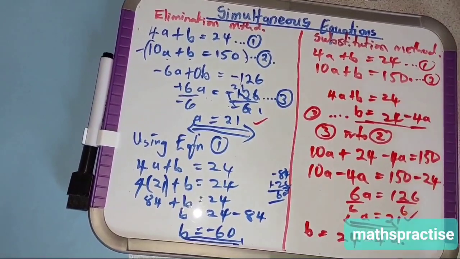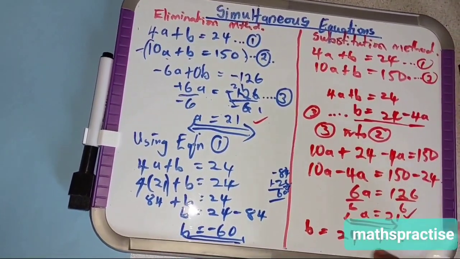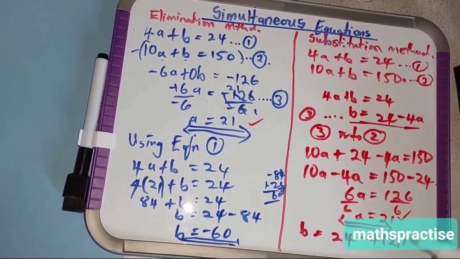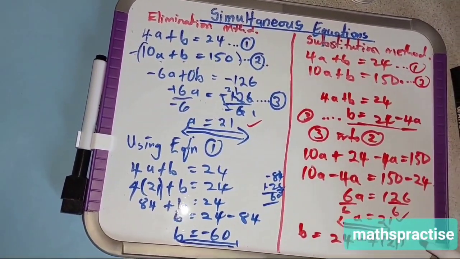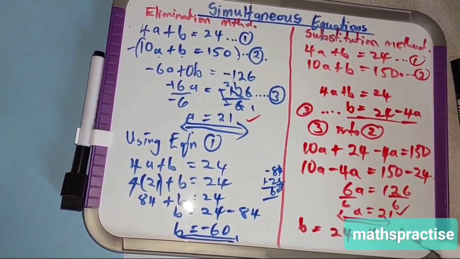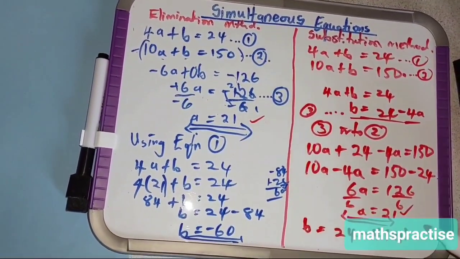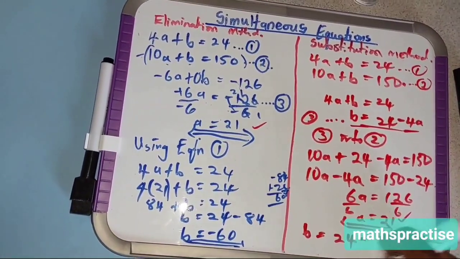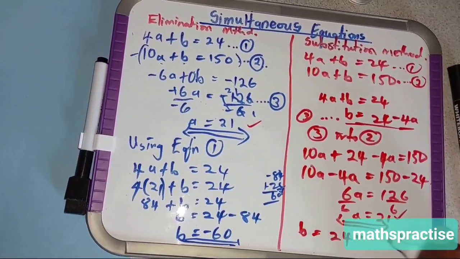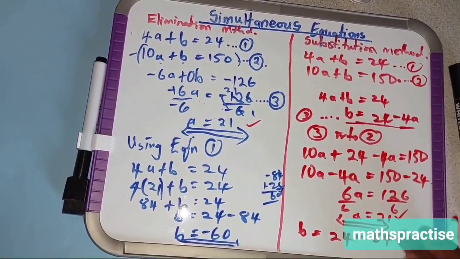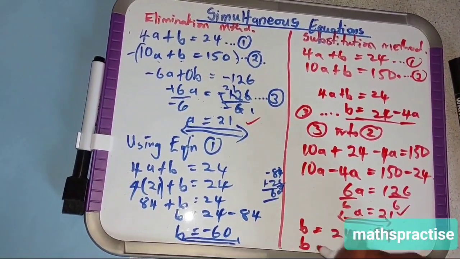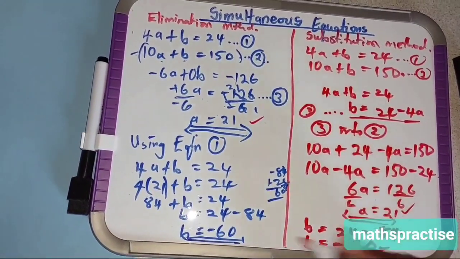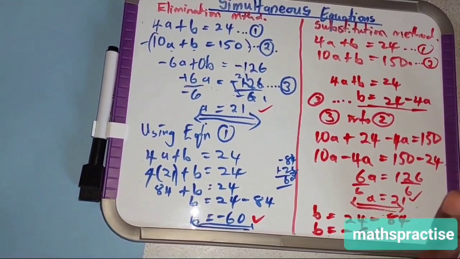We also know that a is 21, so we substitute a with 21. 21 times 4 is 84, so we have b is equal to 24 minus 84. So b becomes minus 60, the same as the one we got before, which confirms it.